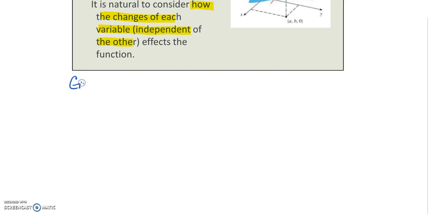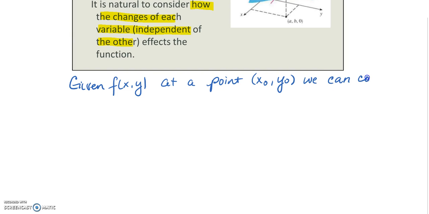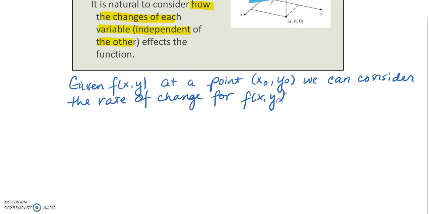So here's how we think about this. If I'm given a function of x and y at some fixed point in the xy plane, say x naught, y naught, we can consider the rate of change for f of x and y with respect to the two variables.